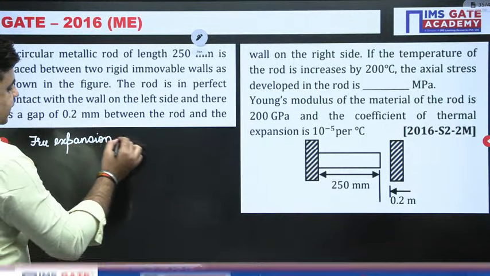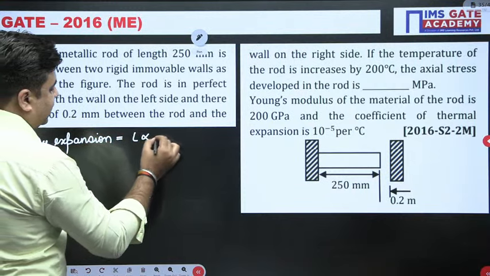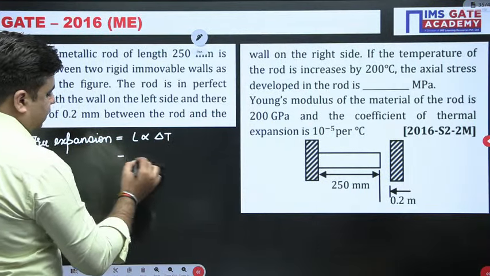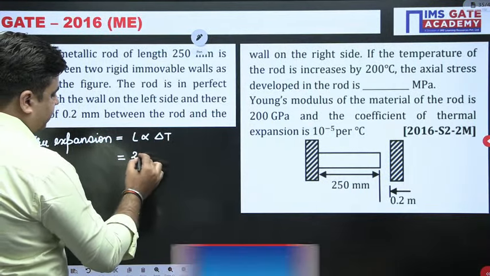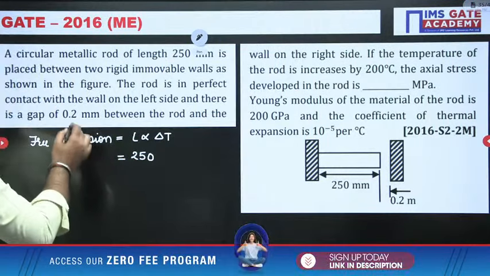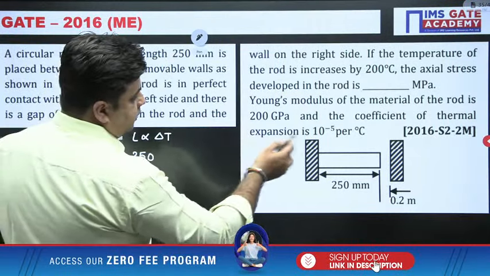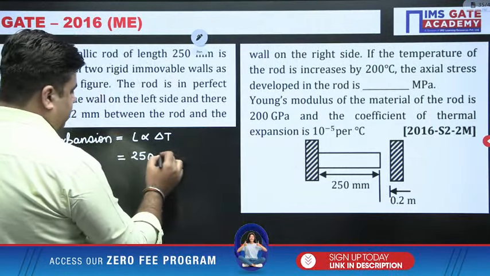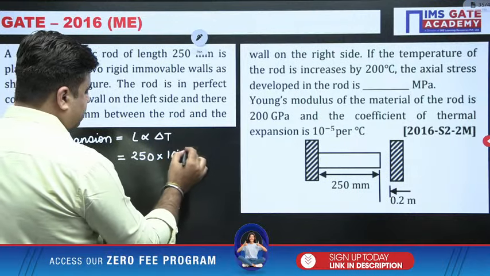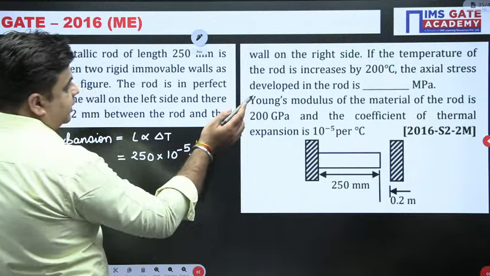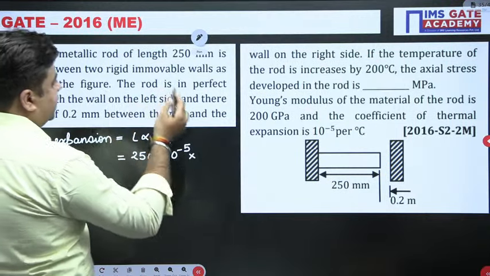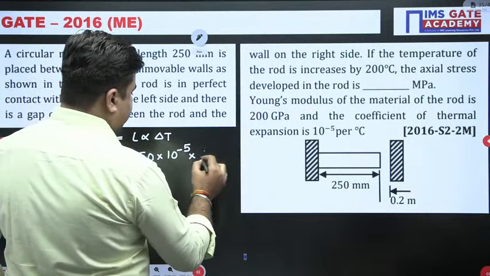So the free expansion of the rod is L alpha delta T. What is the length of the bar? The length of the bar is 250 mm. Alpha is 10 raised to power minus 5. And delta T is 200 degrees Celsius.